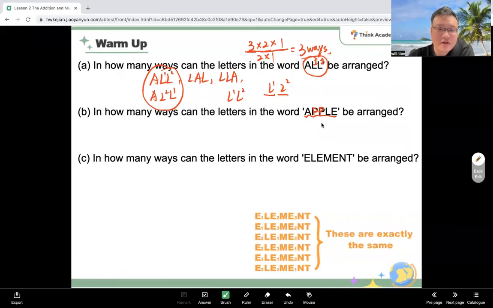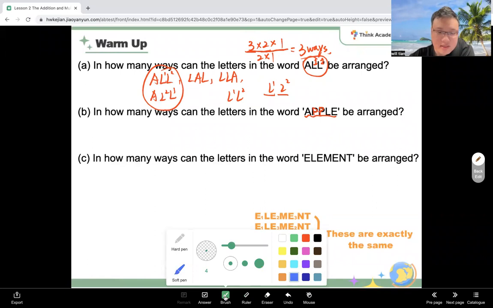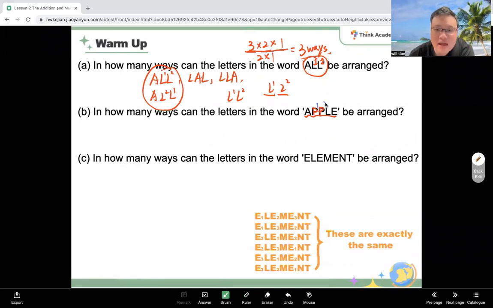And then to solve the second question, you got apple. So firstly, we're gonna treat them all as different, right? So we're gonna call them P1 and P2. Since they are all different, you got 5 letters and put them into 5 different places. So the number of ways will be 5 times 4 times 3 times 2 times 1.